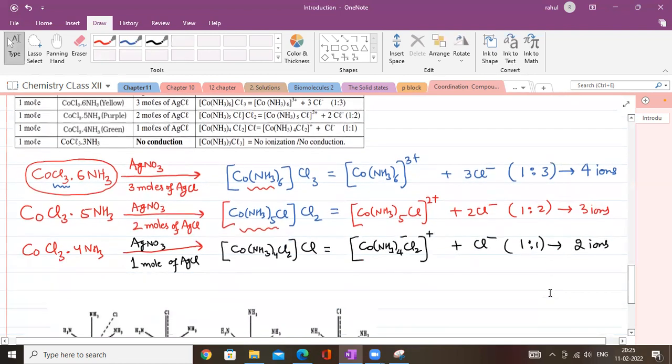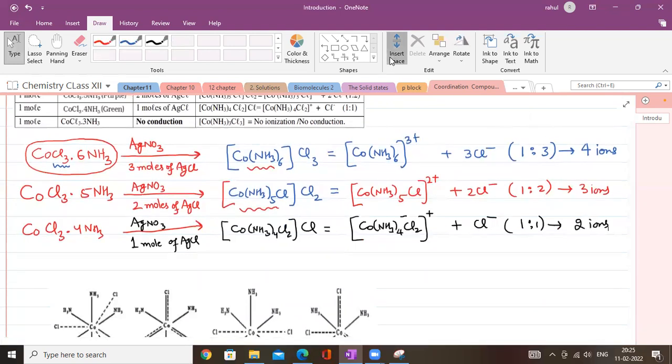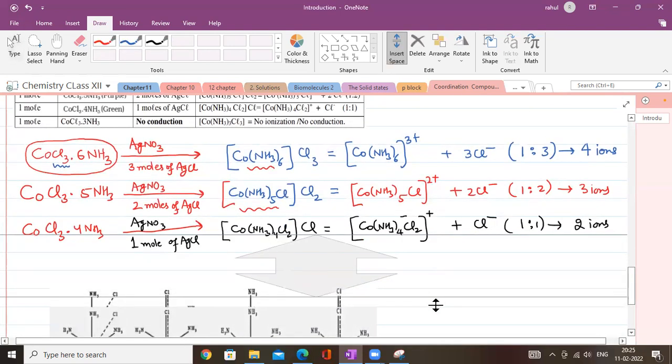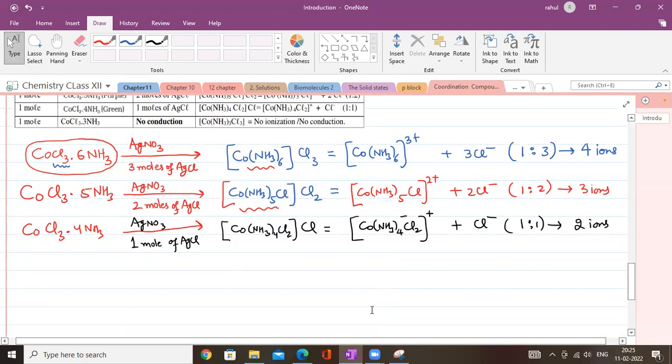Now, on the basis of this, he prepared another compound. That compound was CoCl3 dot 3 ammonia molecules, and it was not at all conducting, and gave no reaction with AgNO3. So he concluded that none of the ions or counter ions is outside the coordination sphere.